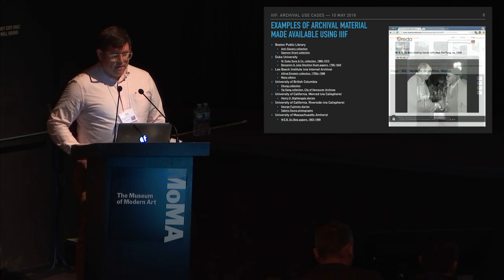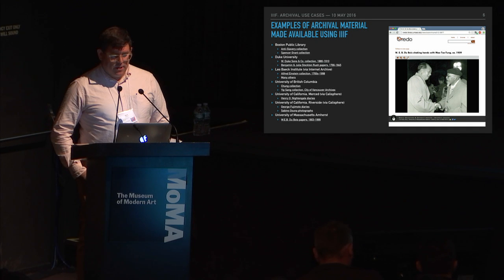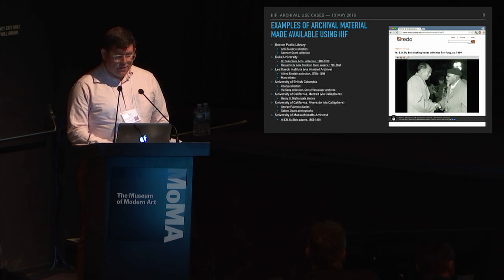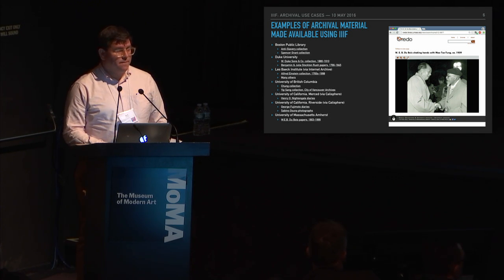Finally, University of Massachusetts Amherst has digitized the entirety of the W.E.B. Du Bois papers and has made them available online. There are certainly lots of other examples out there of archival materials presented using IIIF, so this should be understood as a very tiny subset.